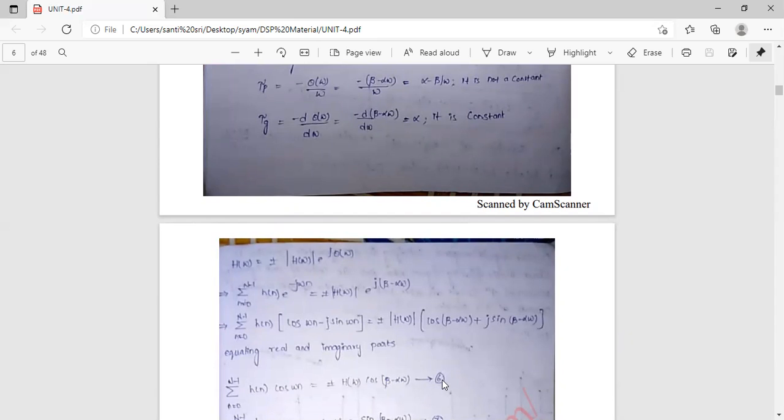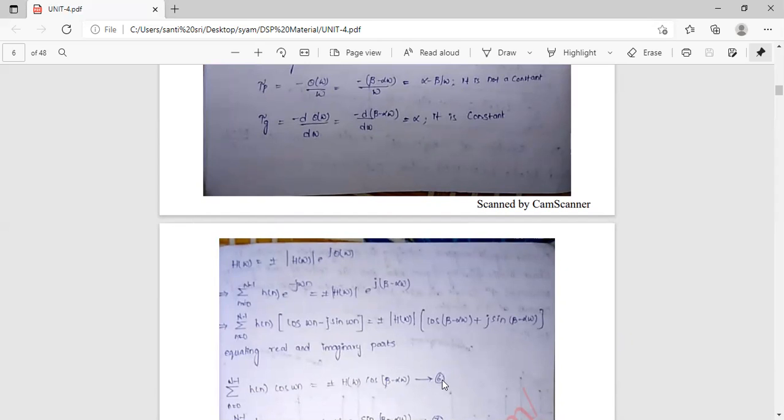Expanding, e power minus j omega n is cos omega n minus j sin omega n, and the right side is plus or minus H of omega into cos of beta minus alpha omega plus j sin of beta minus alpha omega.